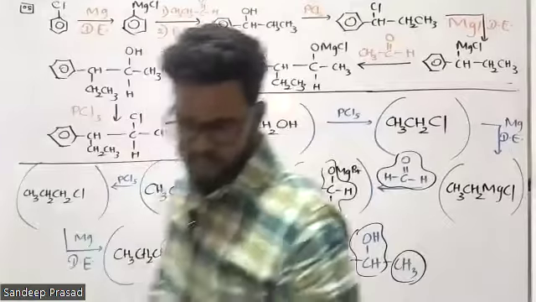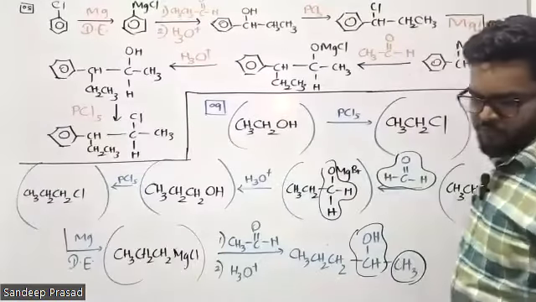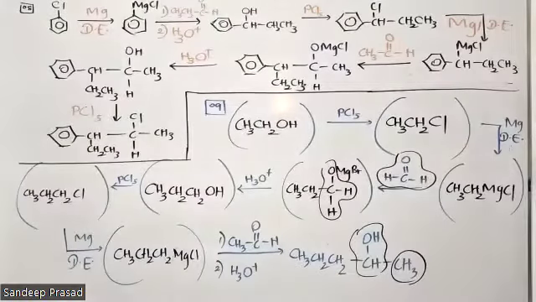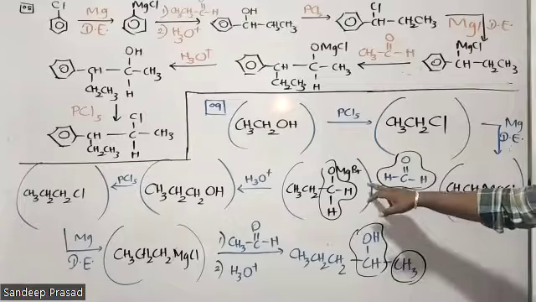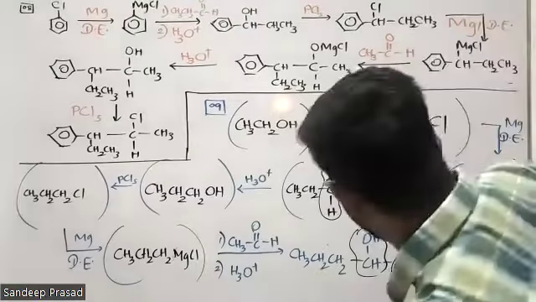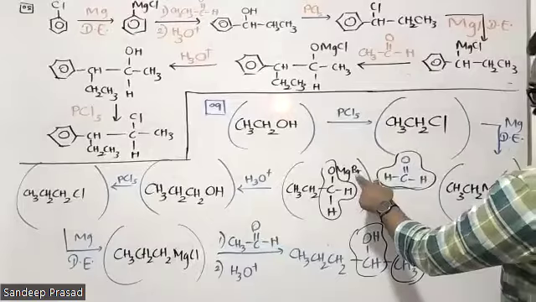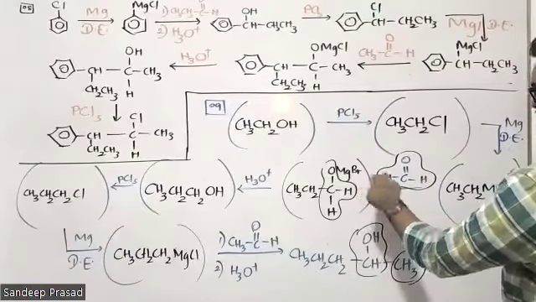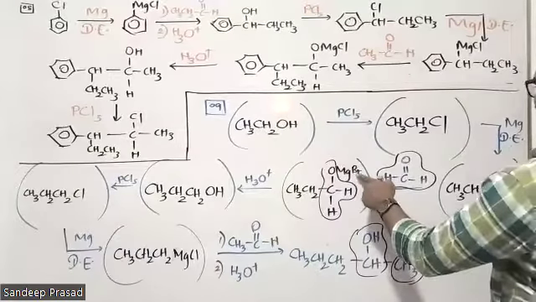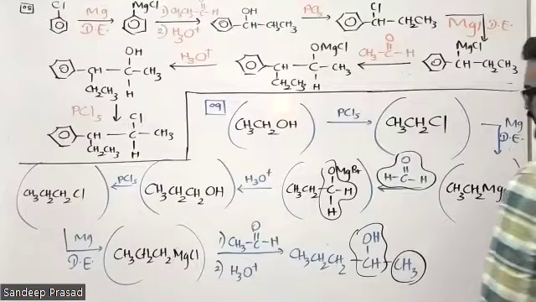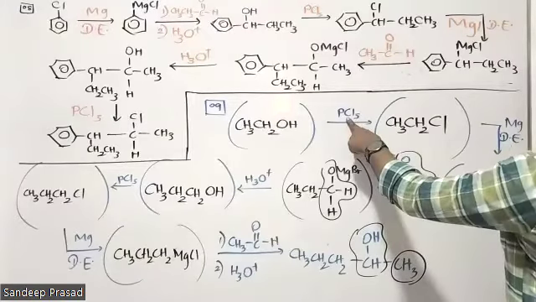Where I have put bromine, this one should be MgBr. This one I have written as MgBr. Is that correct? No. Because if I write MgBr here, that is wrong, because we have added PCl5 here.